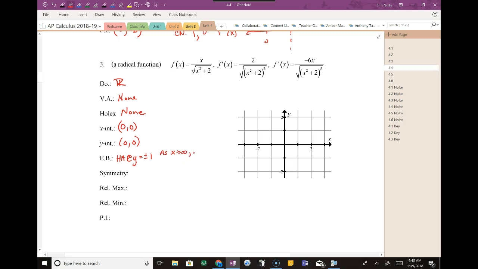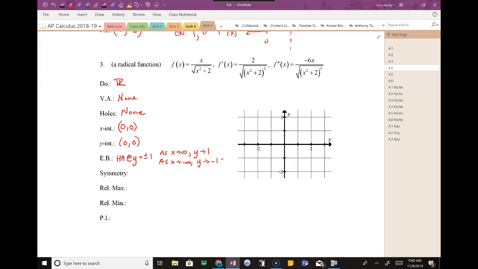If I plug in positive infinity, would I get a positive or a negative number? Positive. So that means it's going to +1. If x goes to negative infinity, that one's going to go to -1. So two asymptotes. This will be interesting.